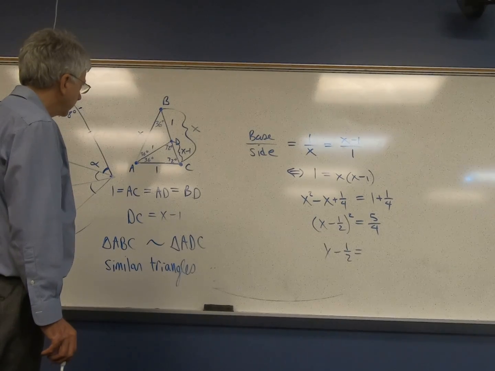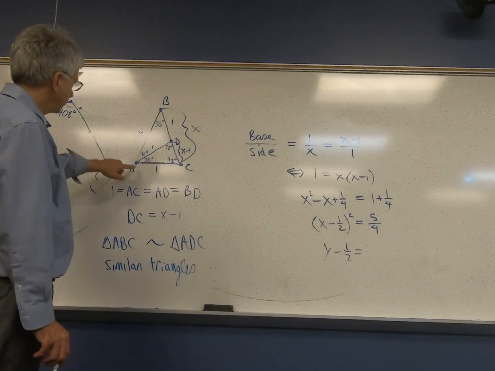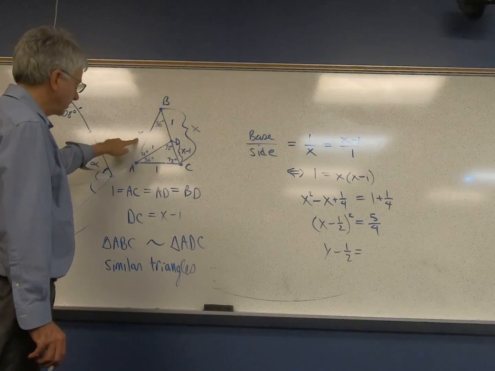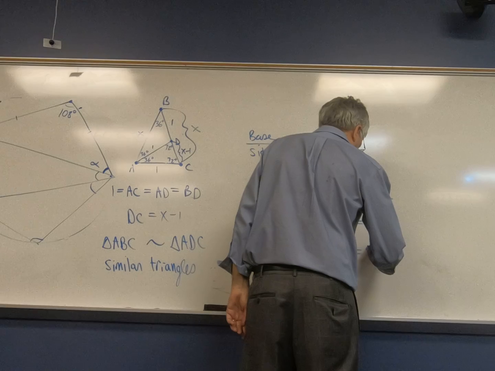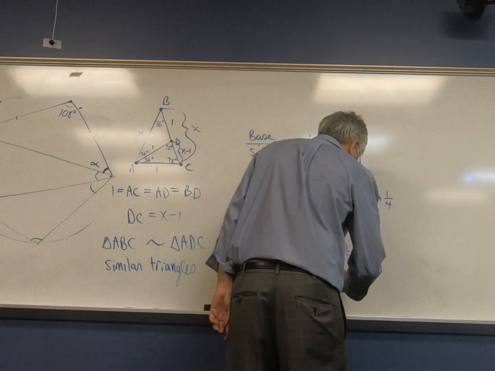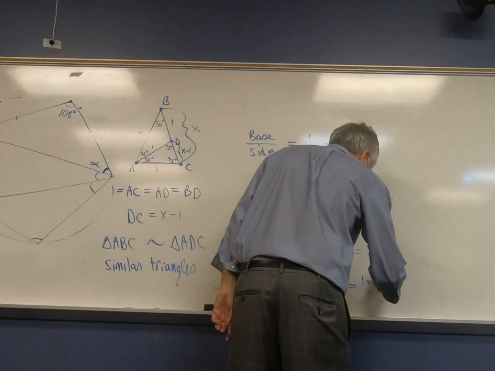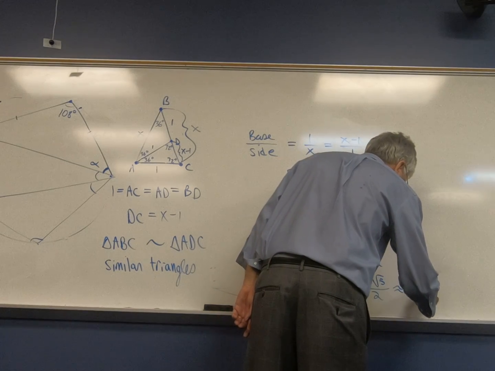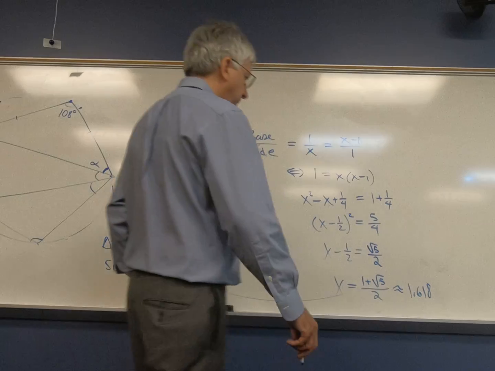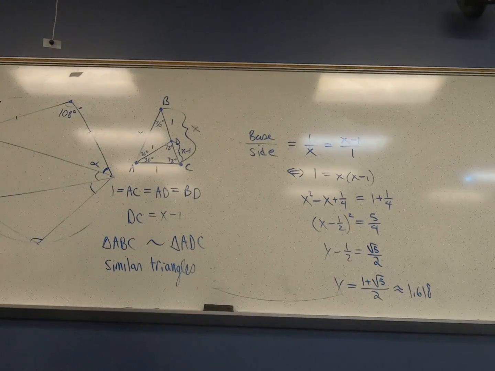How do we know x is bigger than a half? Well, it's bigger than 1, right? 1 is the short side, x is the bigger side. So it's got to be the positive square root of 5 over 2, which means it's 1 plus square root of 5 over 2, which is approximately, as everybody knows, 1.618. Does everybody know that?